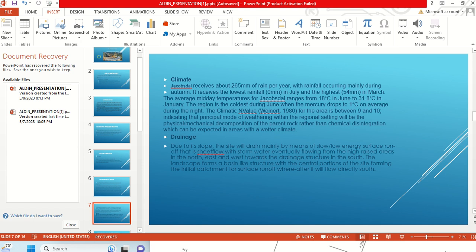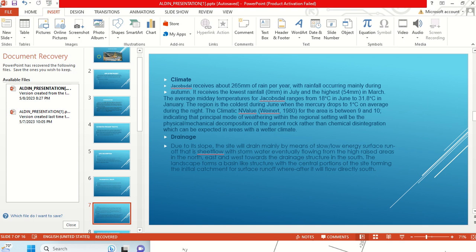The climatic N value for the area is between 9 and 10, indicating that the principal mode of weathering within the regional setting is physical and mechanical decomposition of parent rock, rather than chemical weathering, which can be expected in an area with a wet climate.